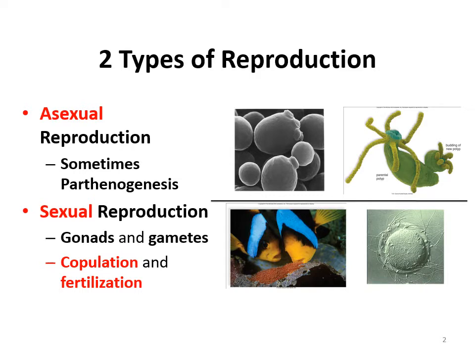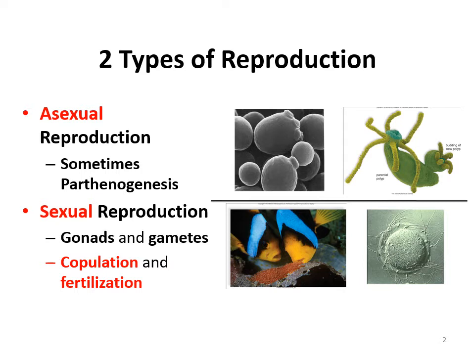Let's head into the two types of reproduction. A lot of today will focus more on sexual reproduction, but I do want you to be aware that there are two types of reproduction. There's asexual and sexual. The difference between them is that with asexual reproduction, there is only one parent, okay?